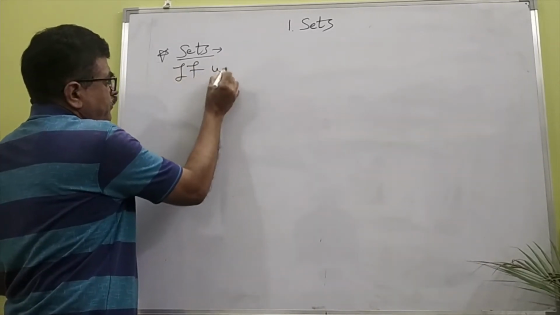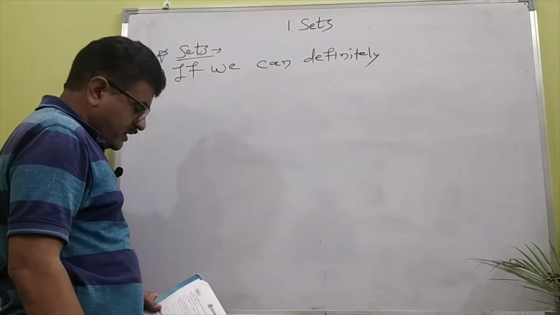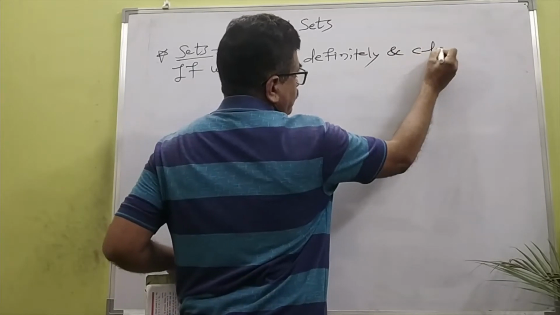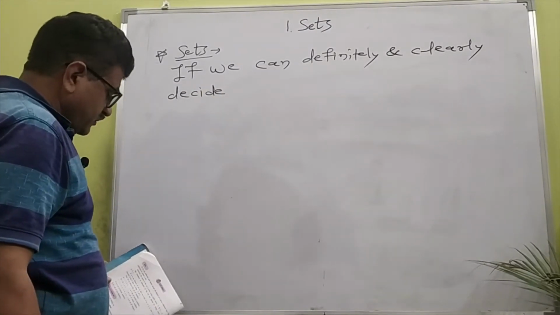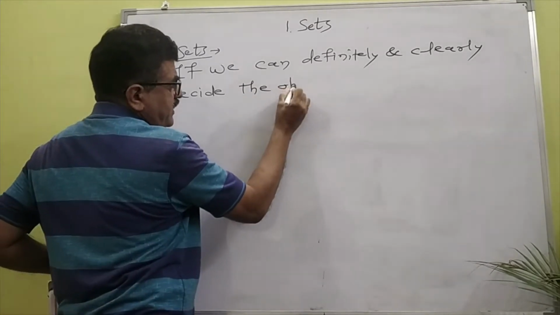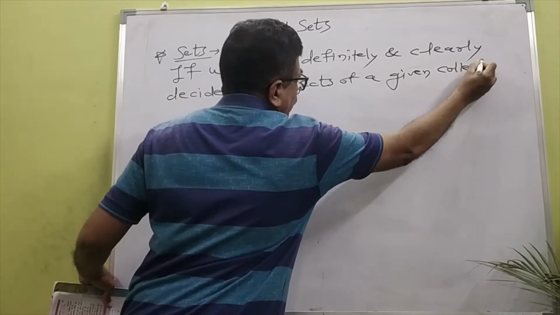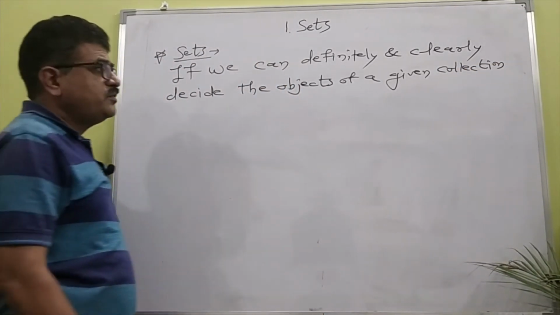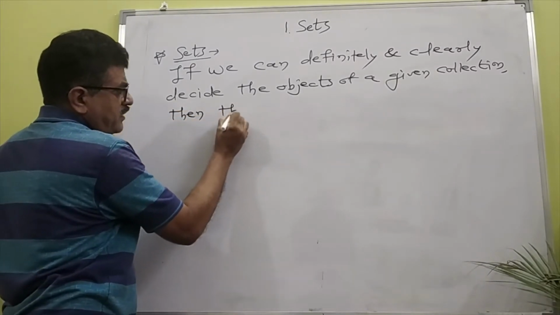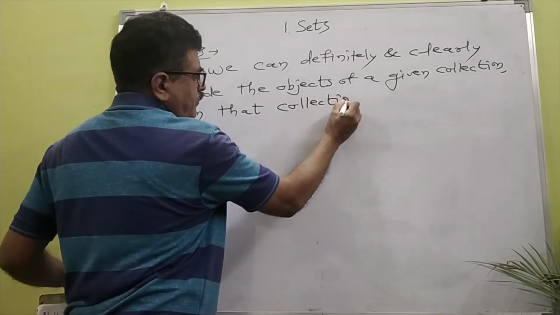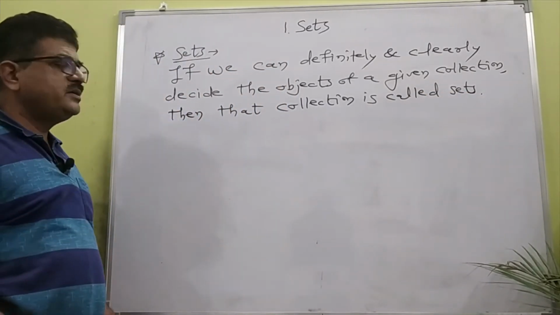If we can definitely and clearly decide the objects of a given collection, then that collection is called a set.